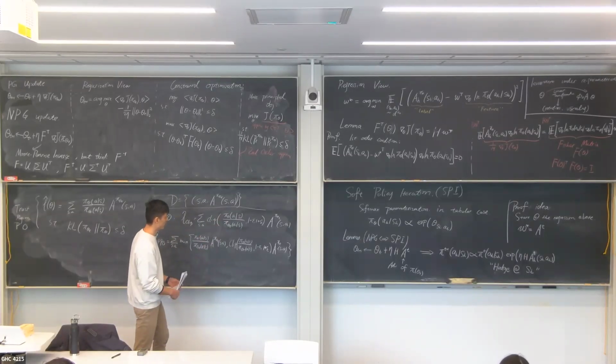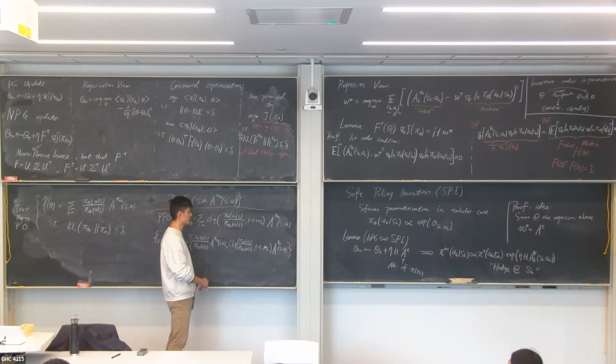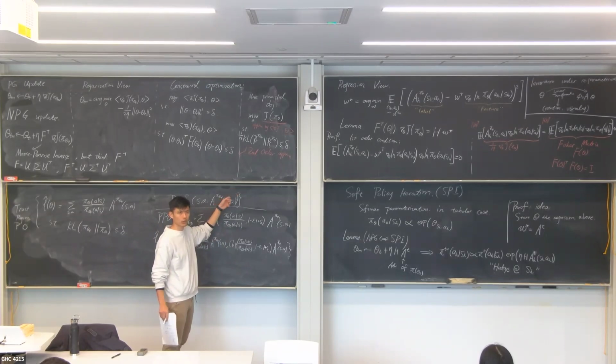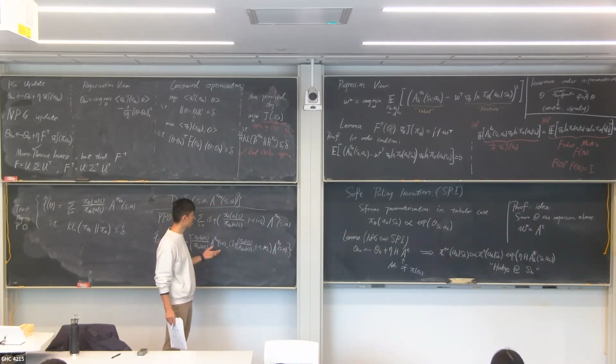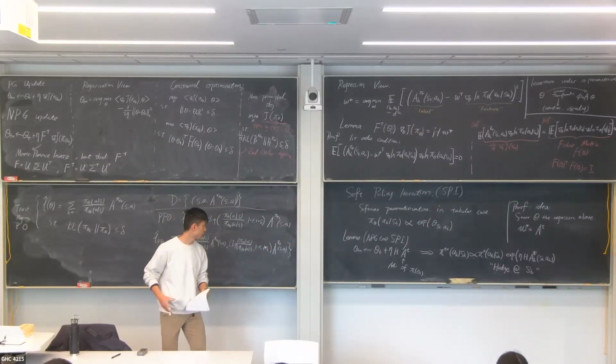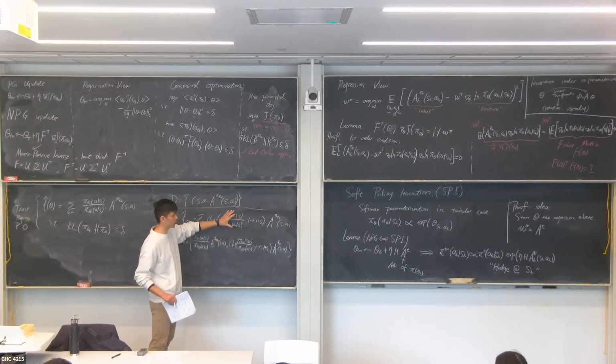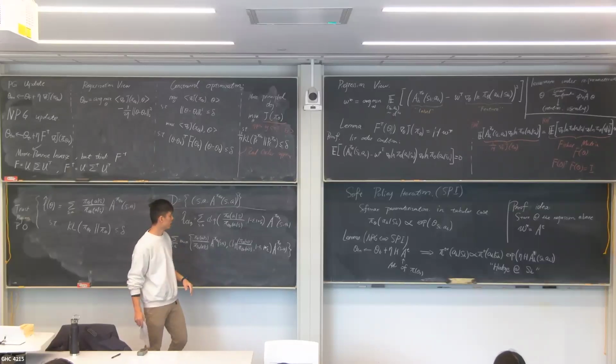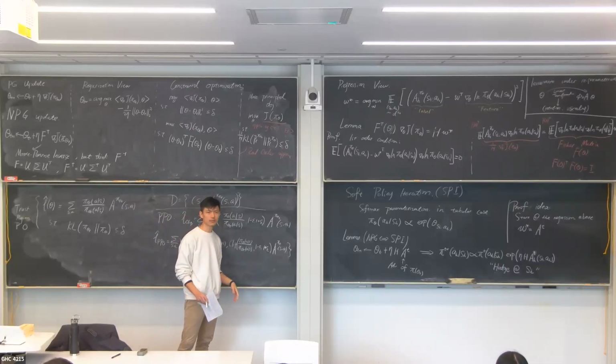The way you read this is if this is too big or too small, the clip function will just collapse to either 1 minus epsilon or 1 plus epsilon. So if these quantities are behaving wildly, the clip objective is just saying, forget about it.